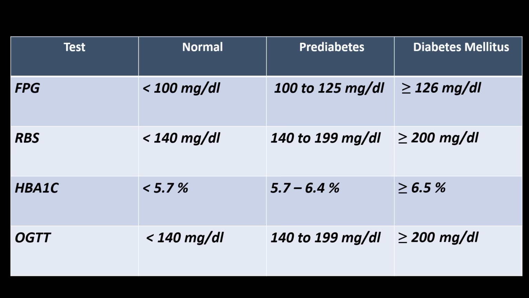If it is between 140 and 199, it's impaired glucose tolerance or pre-diabetes. If the 2-hour value after 75 grams of oral glucose is 200 or above, then the patient is confirmed to have diabetes. So this was the initial lecture.